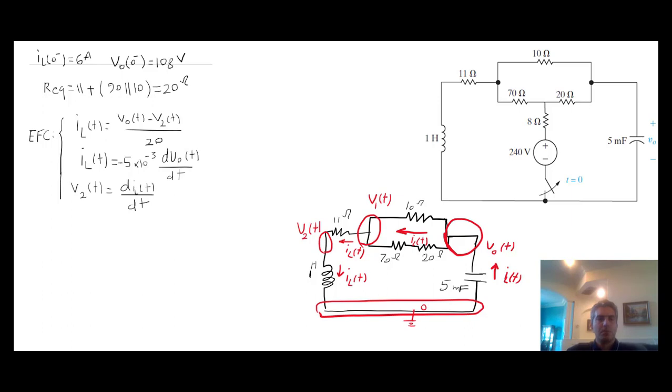Now let's count the number of unknowns that we have. We have V2, V out, we ignored any other voltage unknown because we turned all of this into one box. And the current that is passing through IL, so 3 unknowns and 3 equations. And this should take care of everything for us. Now, I can put this ILT in this equation.